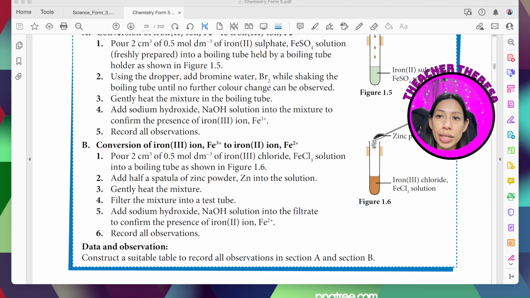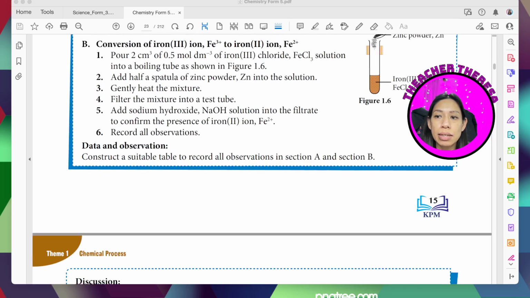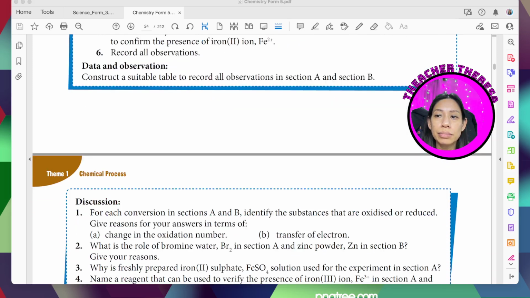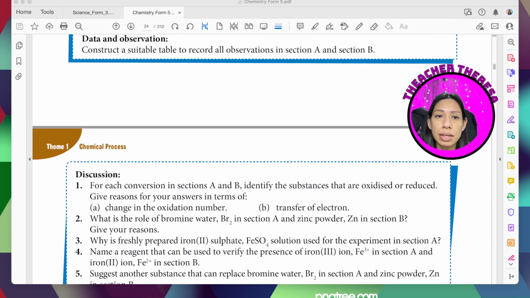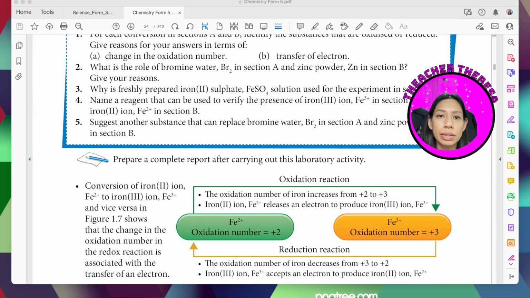Once you heat for the chemical process to take place, you will end up with excess zinc, which you need to filter. Then at the end, you need to do the confirmatory test to test the presence of iron 2. What you should get is a green precipitate.